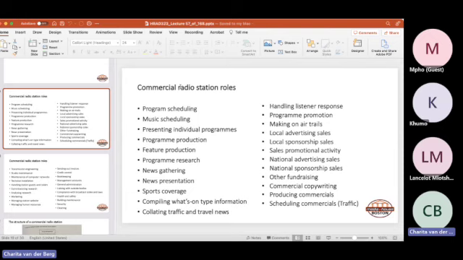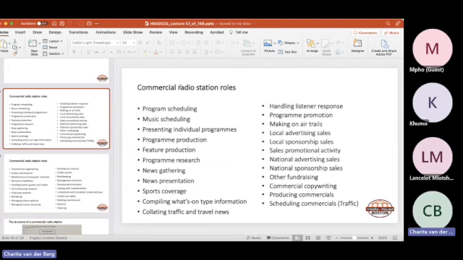promotional activity, national advertising sales, national sponsorship sales, other fundraising, commercial copywriting, producing commercials, scheduling commercials, aka your traffic scheduler, transmission engineering, studio maintenance, maintenance of computer networks, technical installation, handling station guests and callers, commissioning research, analyzing research, marketing, managing station website, managing human resources.